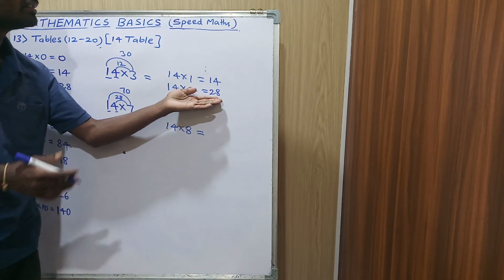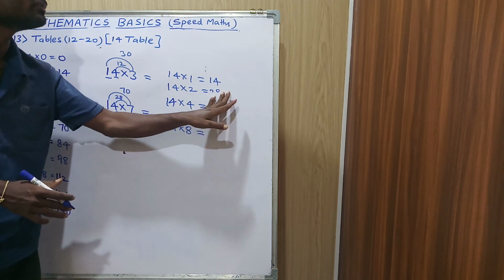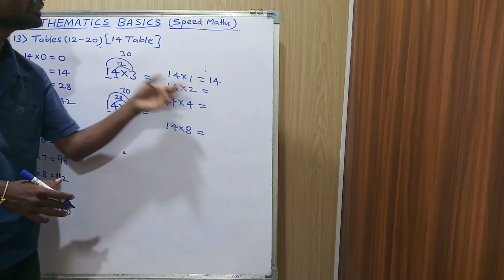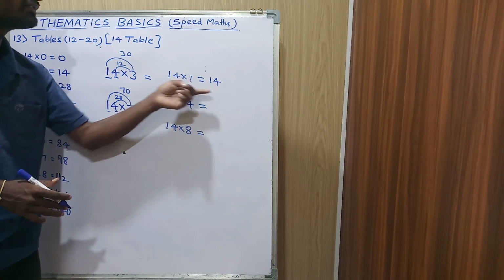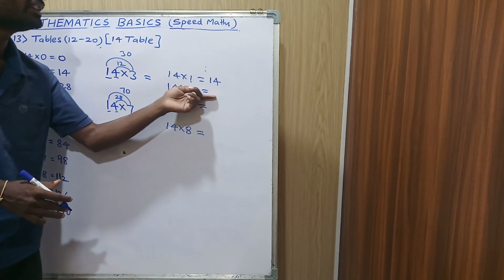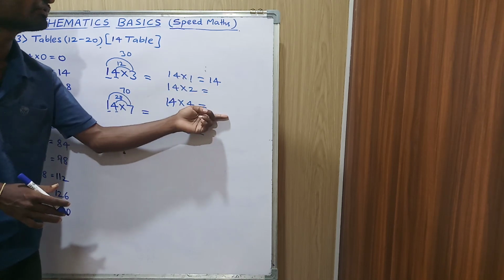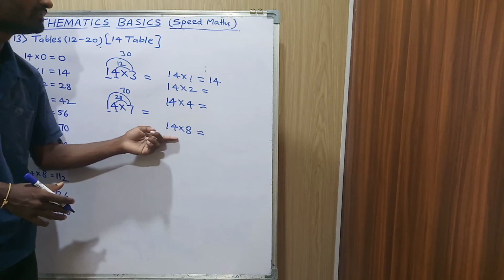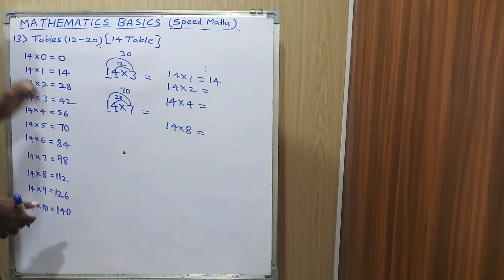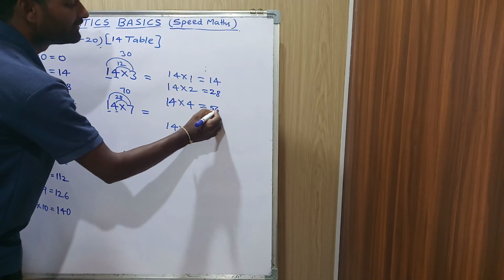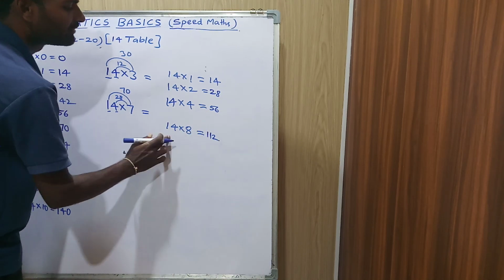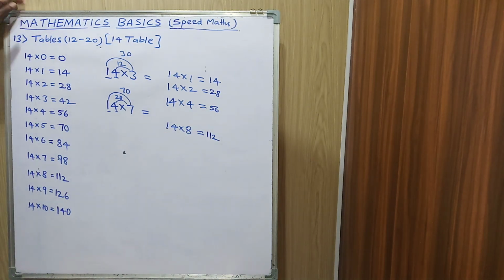If you don't know 14 twos either, don't worry, think about what 14 ones are. If you know the 14 ones answer, then doubling it gives the 14 twos answer. Doubling the 14 twos answer gives the 14 fours answer. Doubling the 14 fours answer gives the 14 eights answer. Likewise, we can analyze. So 14 doubled is 28, 28 doubled is 56, 56 doubled is 112. So 14 eights are 112.